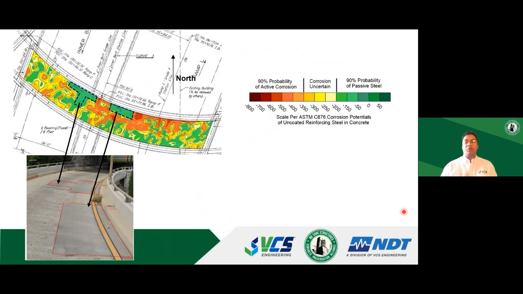Typically, when you perform a concrete patch repair, you're putting chloride-free concrete right next to chloride-contaminated concrete, and in doing so, you're setting up a concentration cell. You have high amounts of chloride right outside the repair area, where you have no chlorides whatsoever in the repair area.